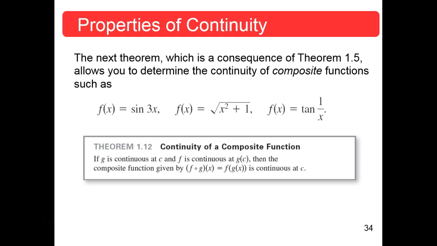Because if x equals 2 over pi, 1 over x is pi halves, and tangent is not defined at pi halves, right?